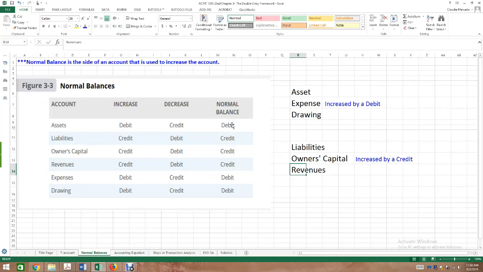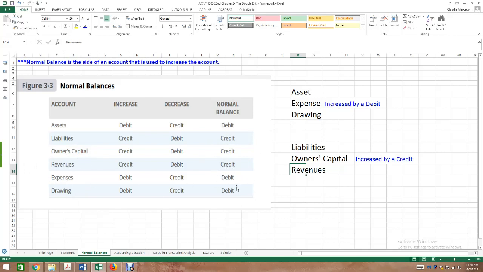So for the most part, whenever you have an asset, your balance is going to be on the debit column. Whenever you have a liability, your balance is going to be on your credit column. When you have capital, your balance is going to be on the credit column. When you have revenues, your balance is going to be on the credit column. When you have expenses, your balance is going to be on the debit column.